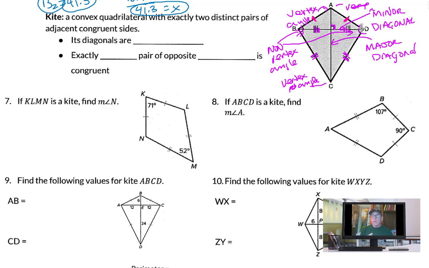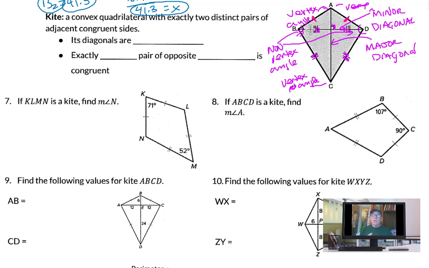The arm angles, or the non-vertex angles, are congruent to each other. Also, the major diagonal bisects the vertex angles. So this angle C is bisected by the major diagonal, and this angle A is also bisected by this major diagonal.